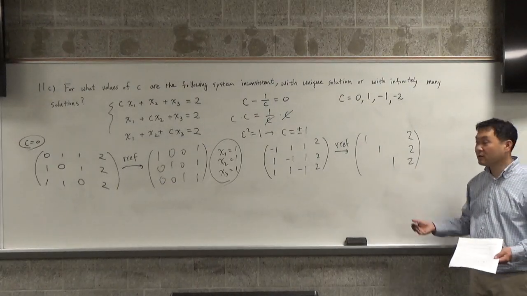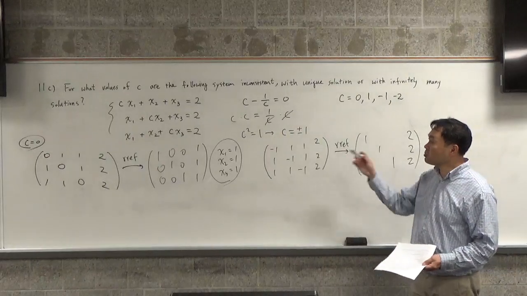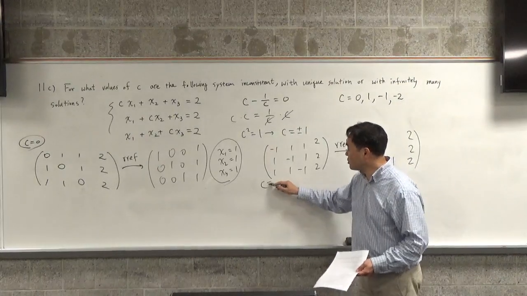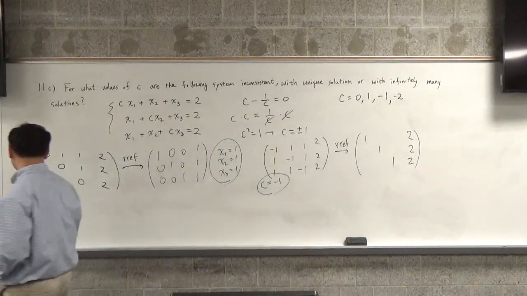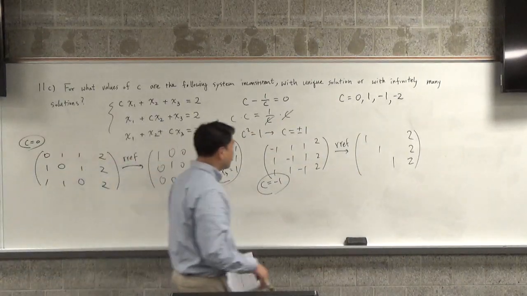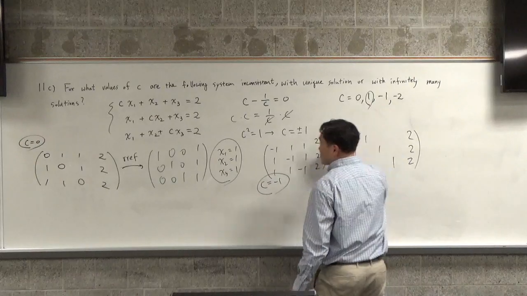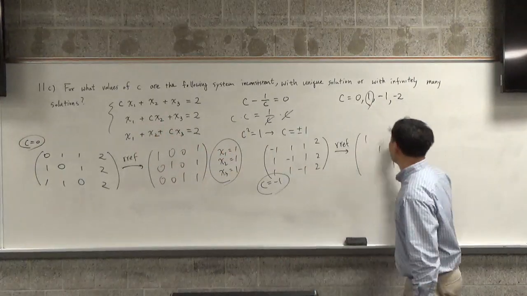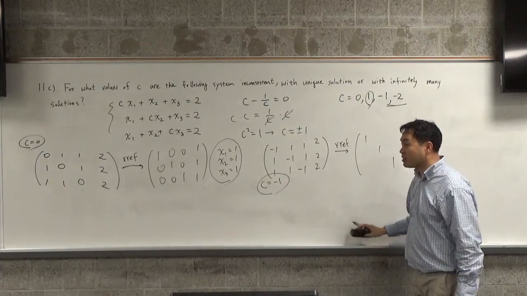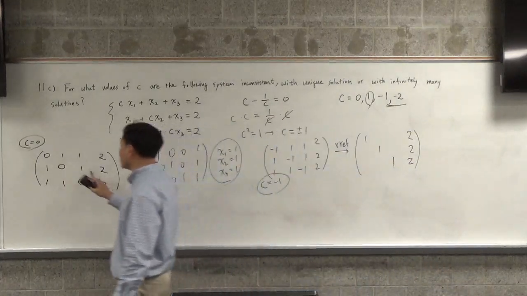Unique solution again. So those two cases, c equals negative 1 and c equals 0, will give you unique solutions. However, c equals 1, as I noted, will have infinitely many solutions. So that leaves us with this last one, negative 2. What happens if c is negative 2?